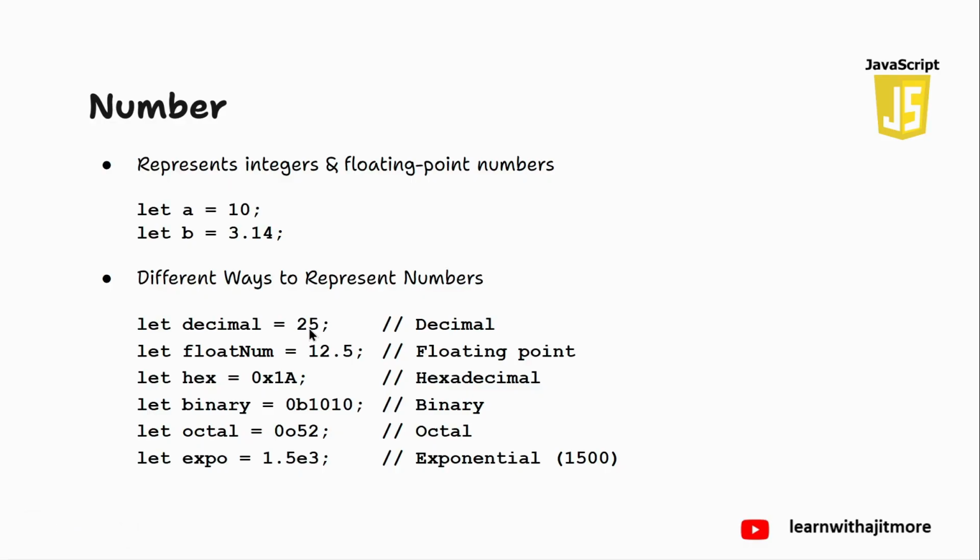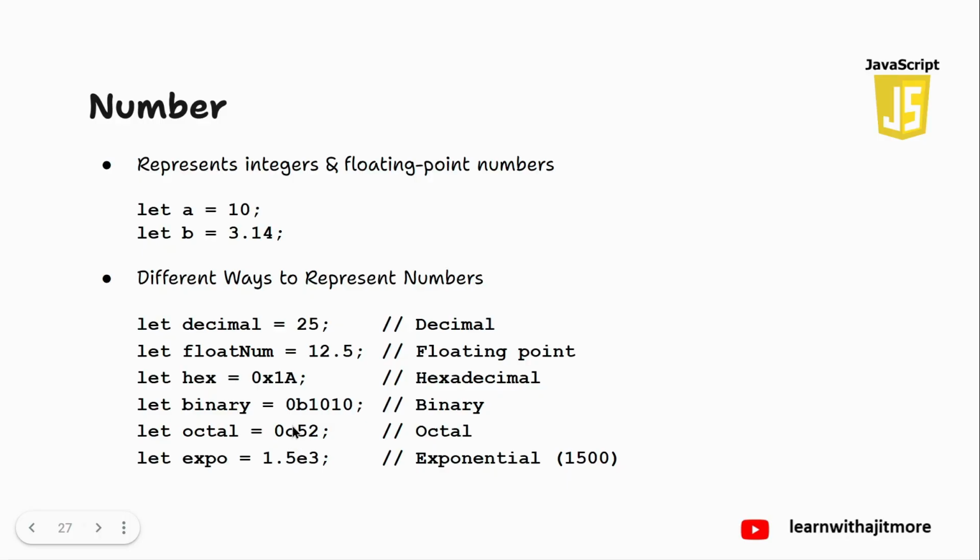See, this is a decimal notation. Okay, see, in JavaScript also, guys, like Python, you have to write zero. In Java, we don't have 0O, only 0, we write 052.